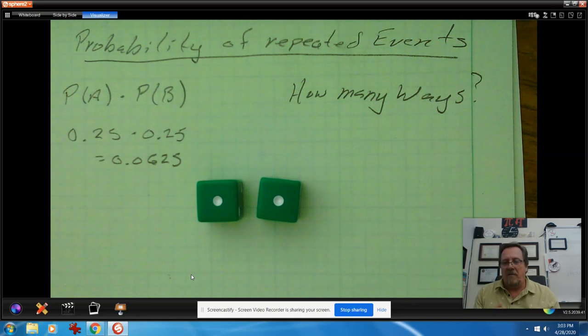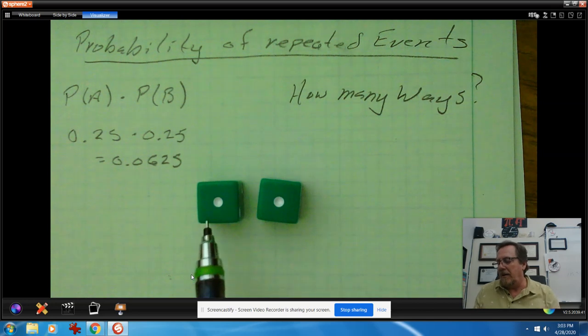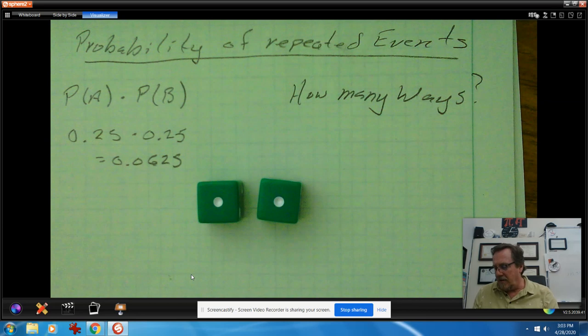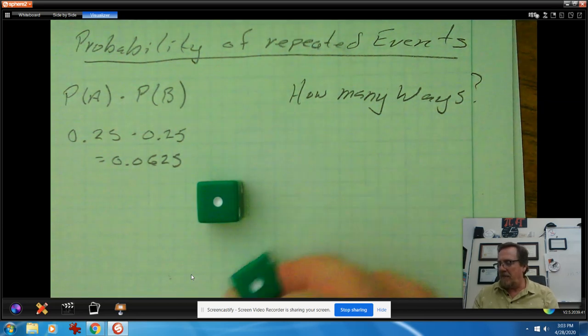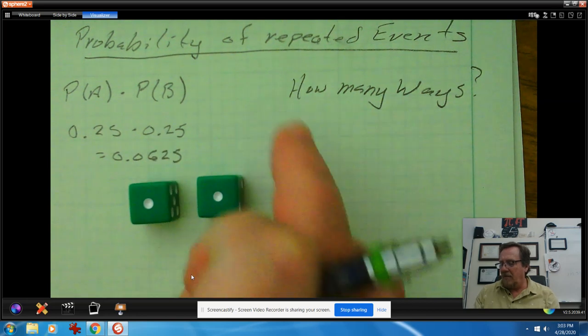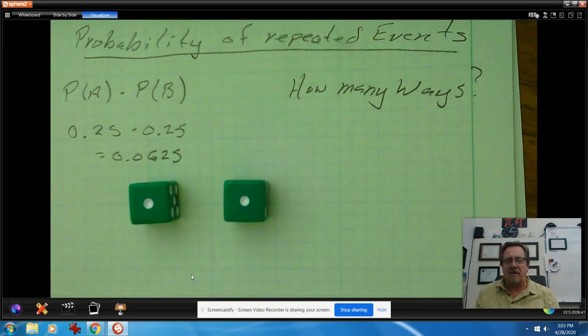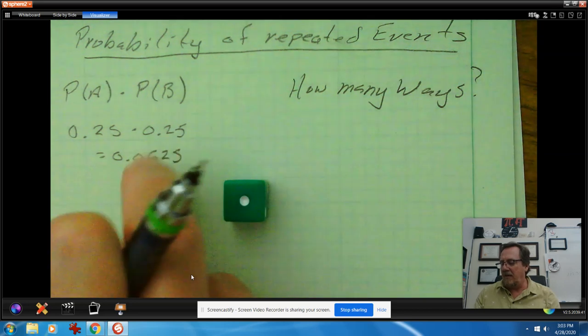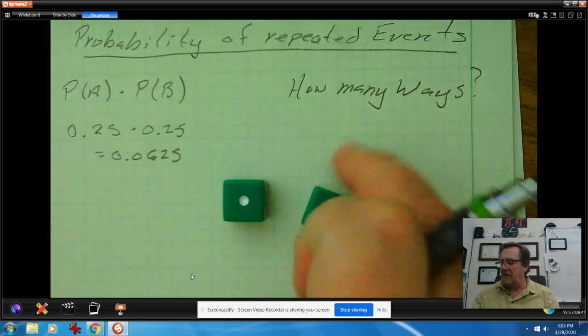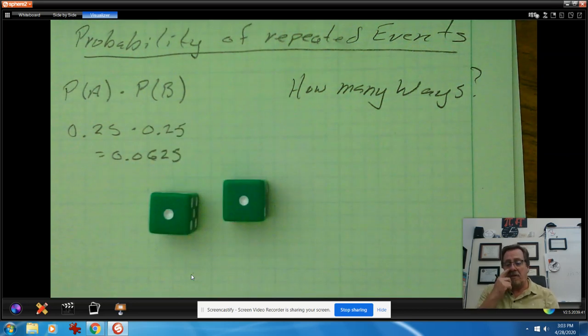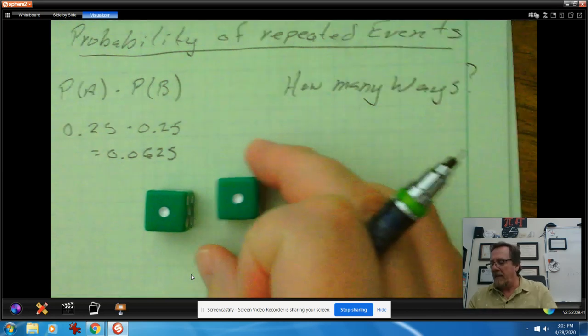I wanted to start with this one because there's only one way it can happen. I have to get a 1 on both of the dice. Notice that if I rolled that die first and then this one, I'd still get 1, 1. So I don't want to count these as separate things. If they both show 1, that just occurs one way.